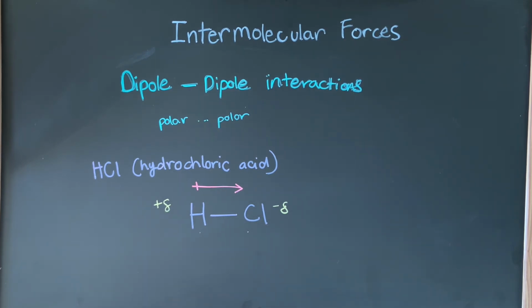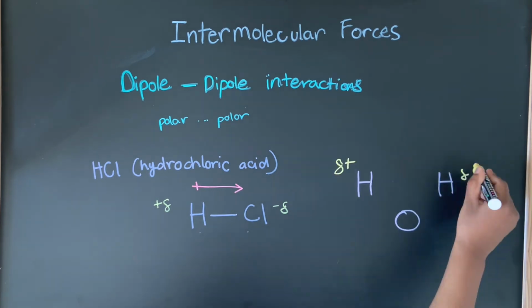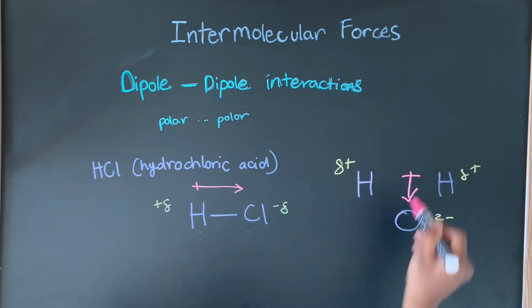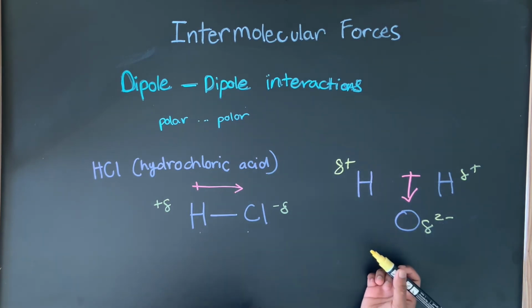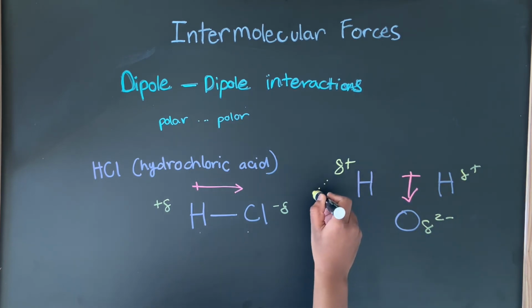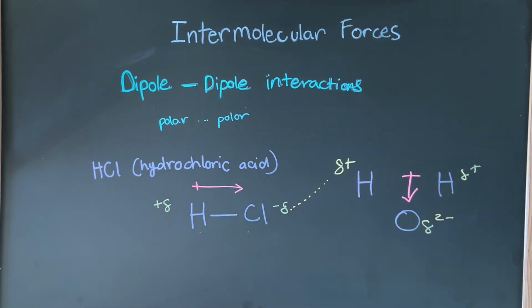So either end of the polar molecule would be attracted to water, which is also a polar molecule. So the two hydrogen positive dipoles will be attracted to the negative dipole in the chlorine atom. So when you put these two molecules together, there will be attraction here.